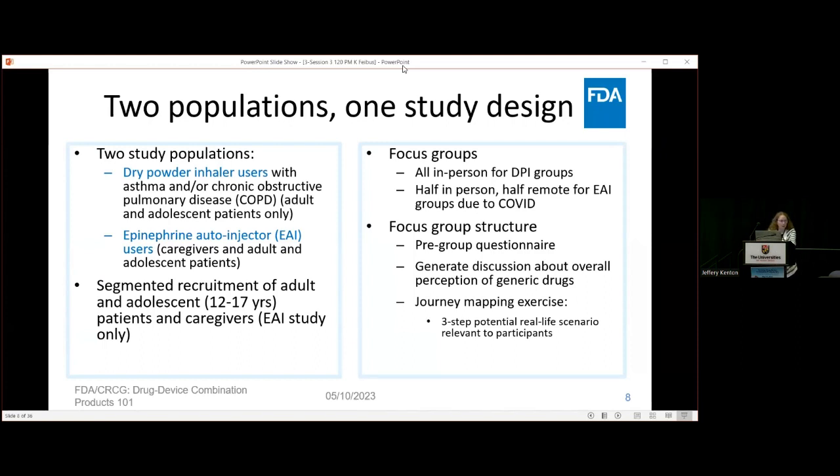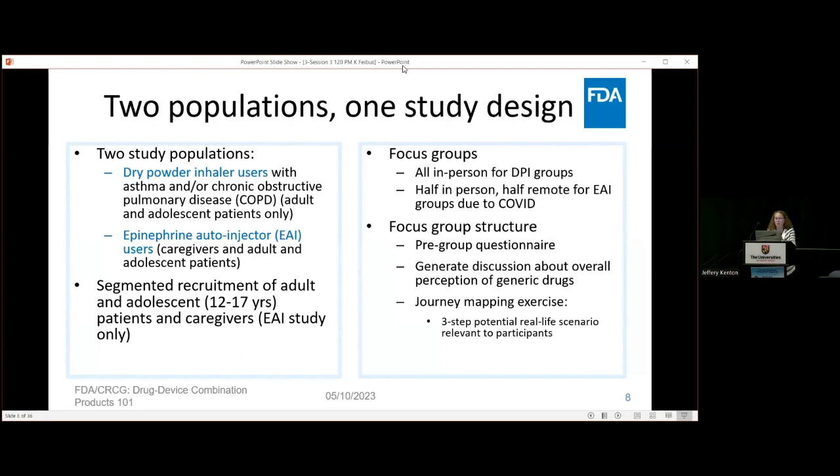For the dry powder inhaler groups, all the focus groups were finished in person, but only half of the focus groups for the epinephrine autoinjectors were conducted in person. Then during COVID, all of the study documents were rewritten in order to conduct the remaining focus groups remotely using the Zoom platform.